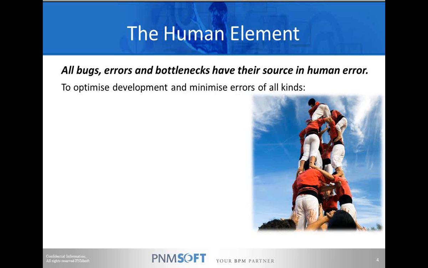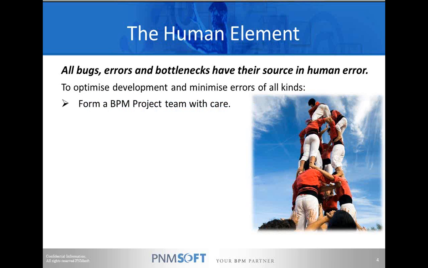Of course, it can be a human error which went from a human to a program and then became an error, but that's still ultimately a human error. So the first thing we're going to emphasize in this webinar is how to focus on the human element, how to build the human base of your BPM project strongly so as to minimize errors which are ultimately based in the human element from happening.